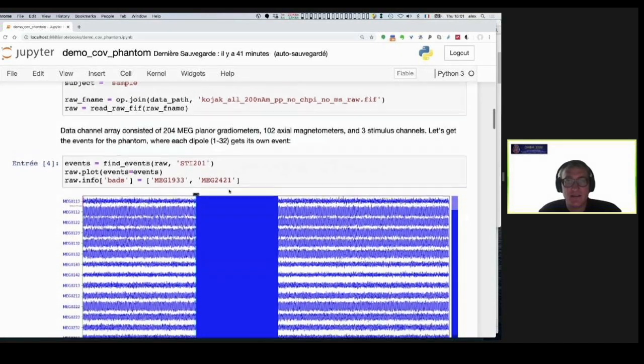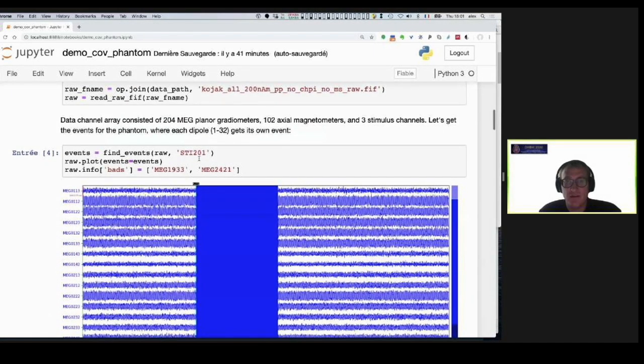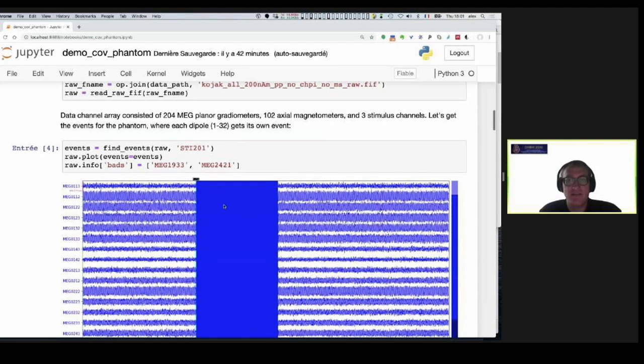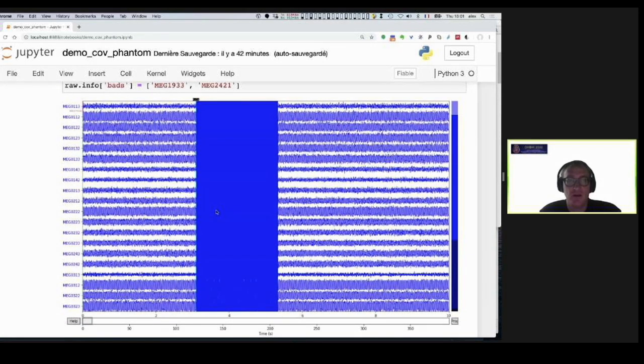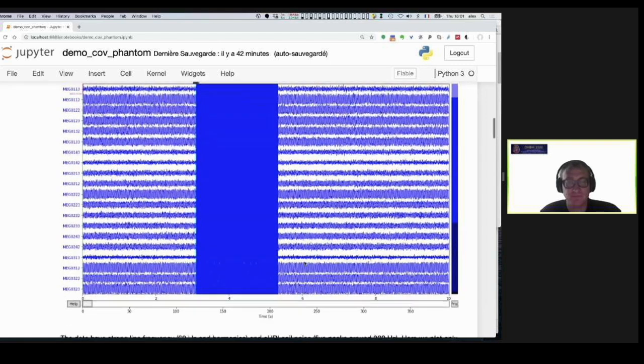Then inside these continuous recordings, I have a stimulation channel that tells me when the dipole of the phantom is activated. And this dipole is going to be activated, we will see, with a sinusoidal signal inside the phantom. So this is your continuous recordings, all the MEG signals.